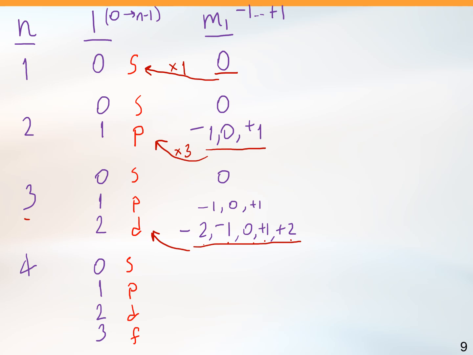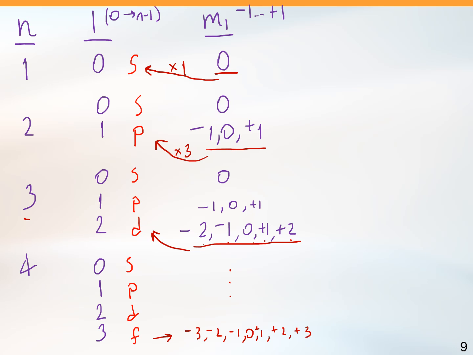The s, p, d configurations for the fourth shell are the same. They're going to be exactly the same as the third one, but they're going to have an additional one because there's an f type of orbital in the fourth shell with m sub L values -3, -2, -1, 0, 1, 2, and 3.